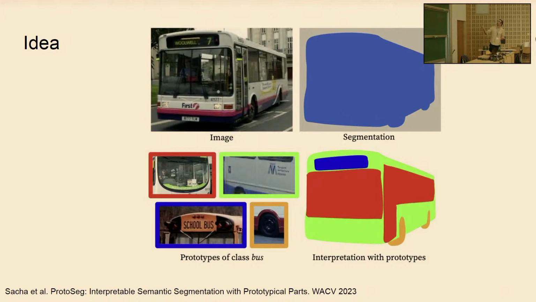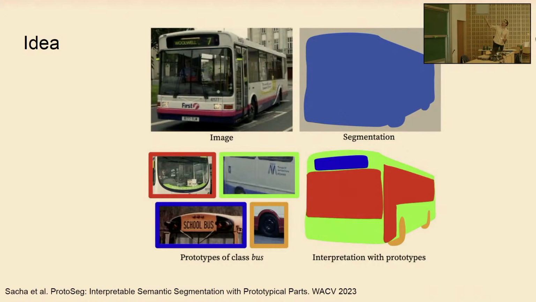This is the segment of the bus, but some of its parts correspond to window, some of them correspond to tire, and so on. And again, we had no extra information about the parts of the bus, right?